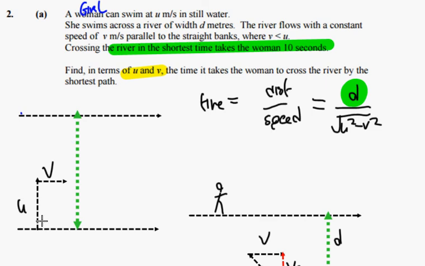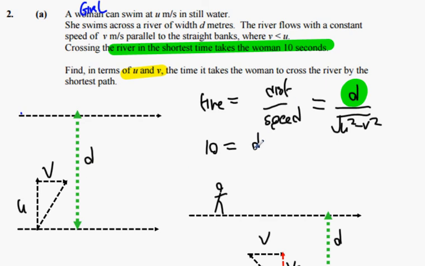Then you're going to go across in this direction here, which is technically the square root of u squared plus v squared. But you don't even need that, because the vertical component is d, isn't it? So you can just do time equals distance over speed again. Time is 10 seconds.